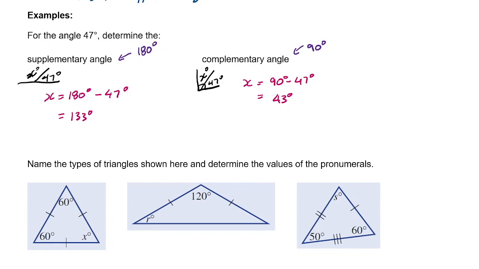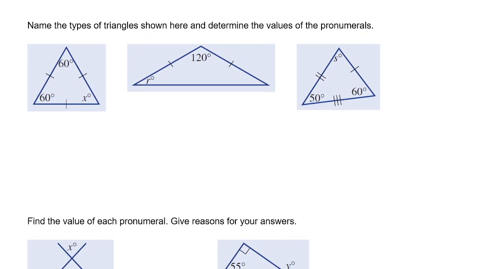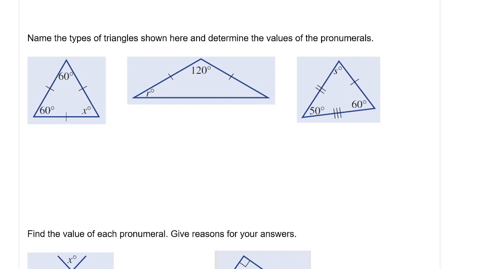Okay, our next example. We are naming the types of triangles shown and determining the value of the pronumerals. First and foremost, let's name the types of triangles. We're not going to give them names like Bob and Jeff and Cindy. We are going to give them their proper names.